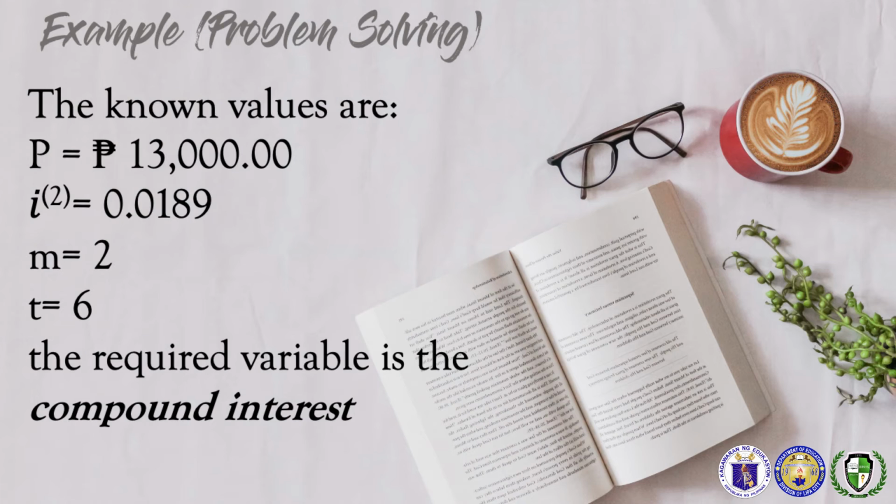The known values are P is equal to 13,000 pesos, I raised to 2 is 0.0189, M is 2, T is 6, then the required variable is the compound interest.